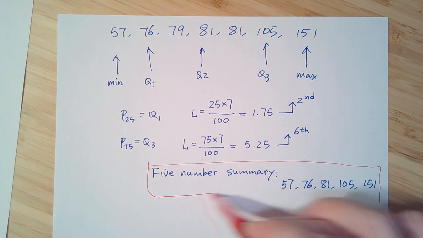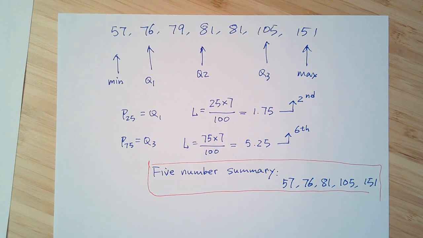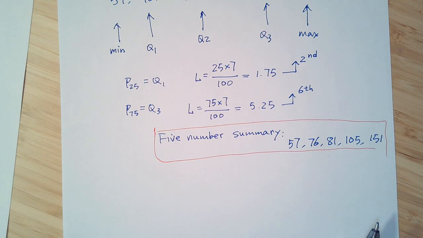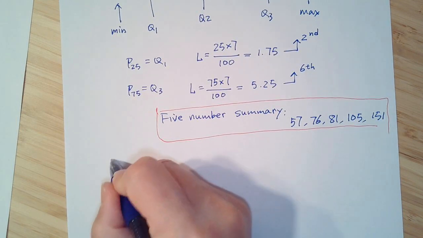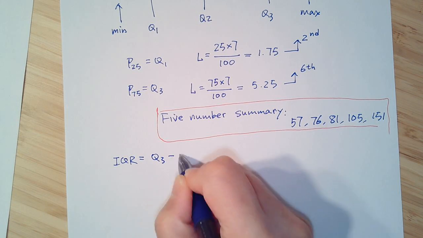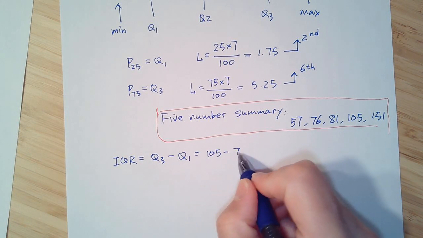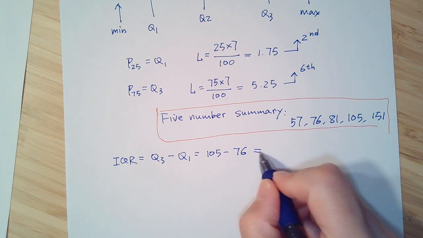And the next step is a box plot. In order to get a box plot, I need to get an IQR. So IQR, that is Q3 minus Q1, which is 105 minus 76. So the answer is 29. Once I get IQR, I can calculate the boundaries, right?